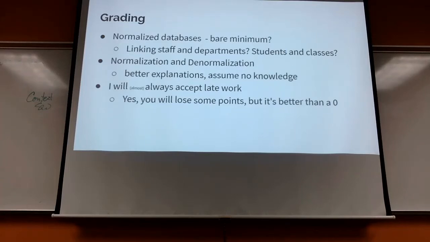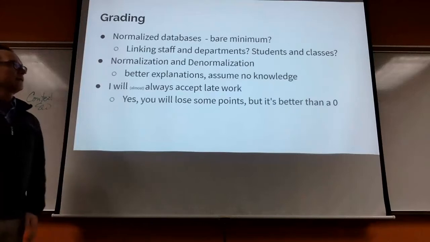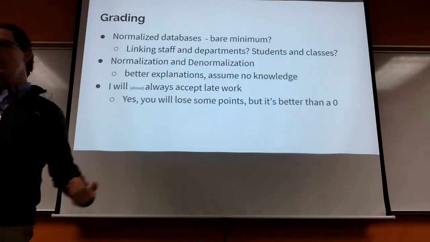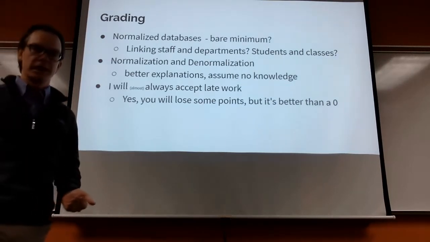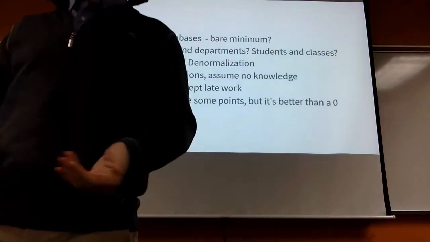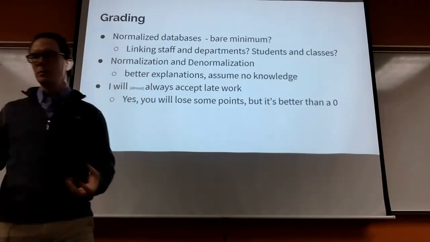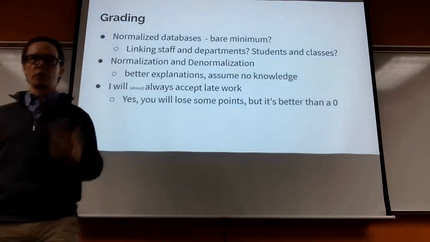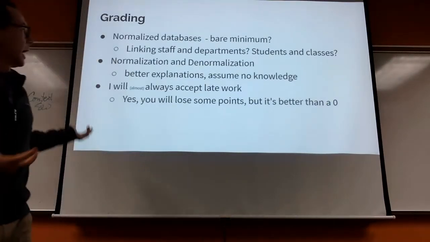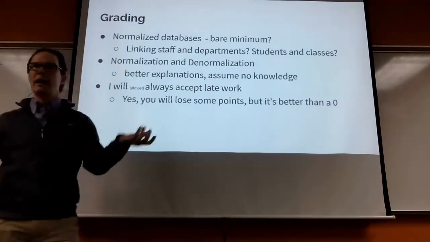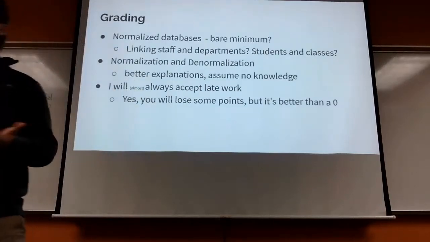So I haven't put in all the grades yet, but I started looking at the normalized database and stuff, and some of you did like the absolute bare minimum, like didn't even link the staff and departments tables. Like, yes, technically it's normalized if you don't connect any of your tables to each other, but this class is supposed to be practical, right? So when you create a university database, I would like to see the staff be a member of a department. If you have those two tables, they should somehow be linked.